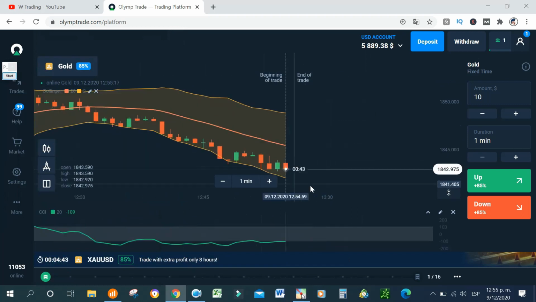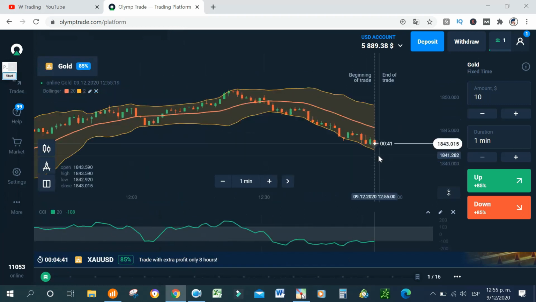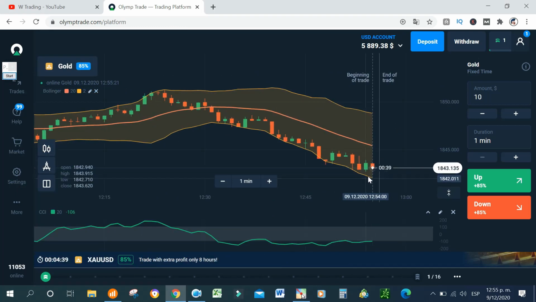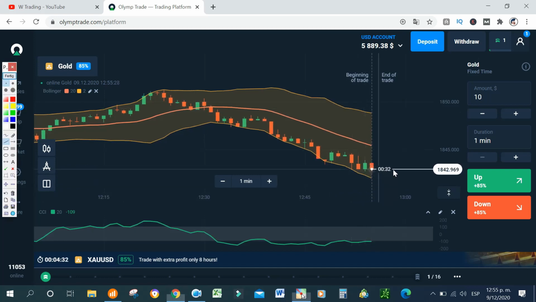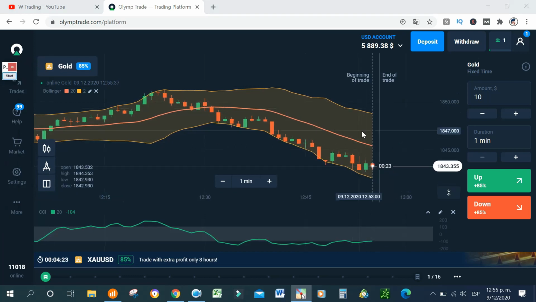Maybe I can have another opportunity here if the price touches the lower Bollinger Bands again, or at least closes near this low. But remember, we are missing 32 seconds for this candlestick to finish. So we need to wait. We need to be patient in that case.